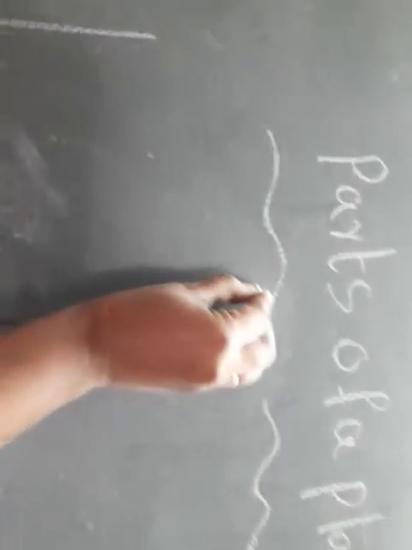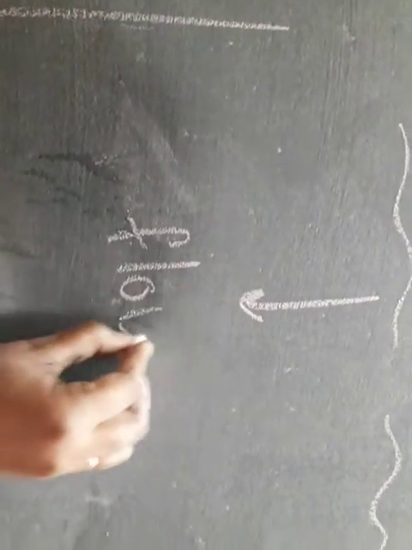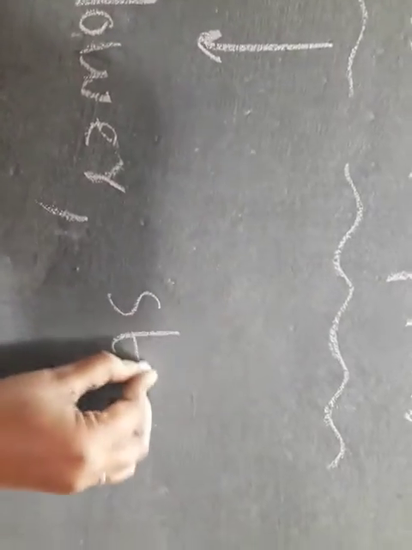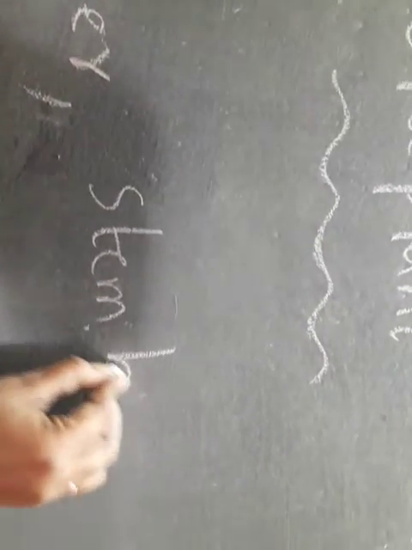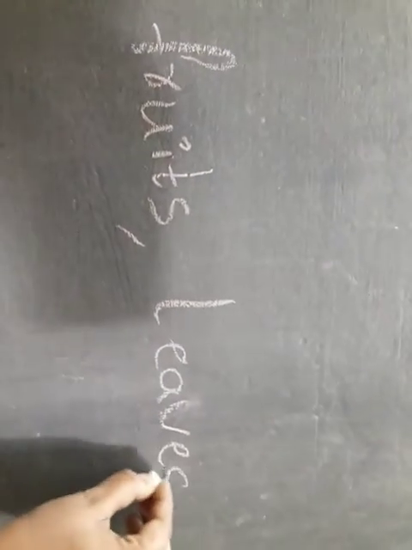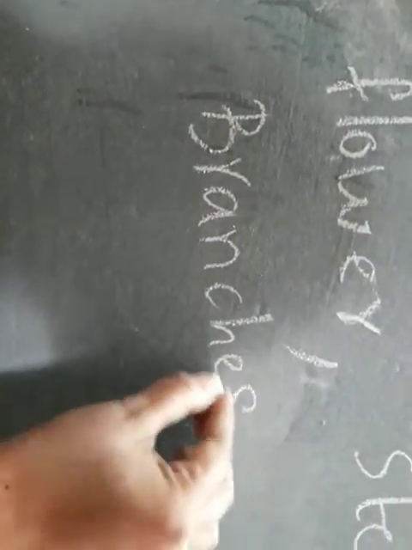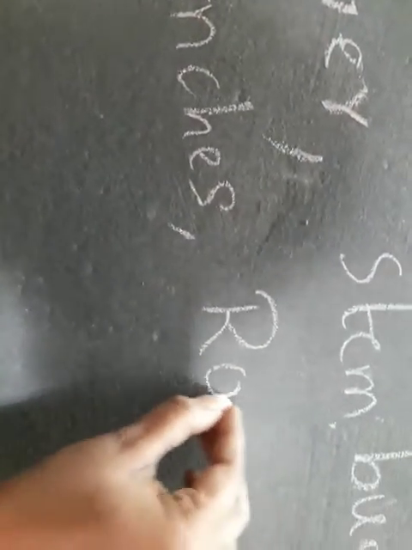So here, parts of a plant: flower, stem, bud, fruits, leaves, branches and root.